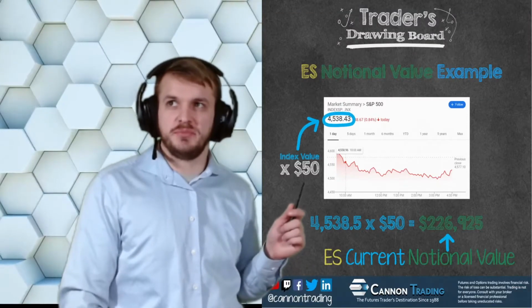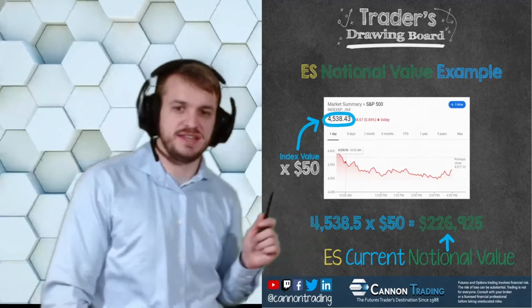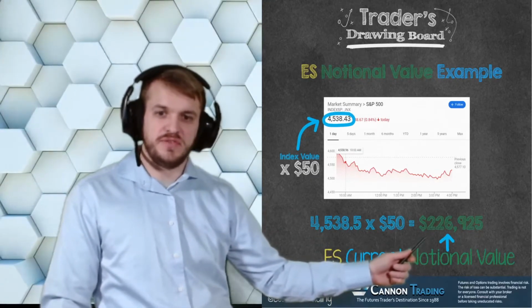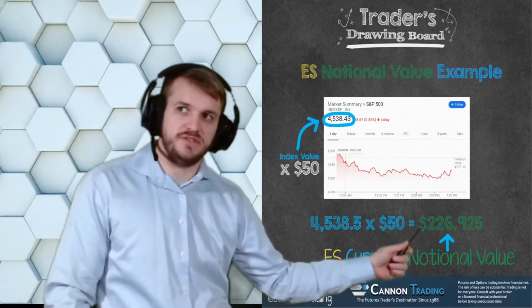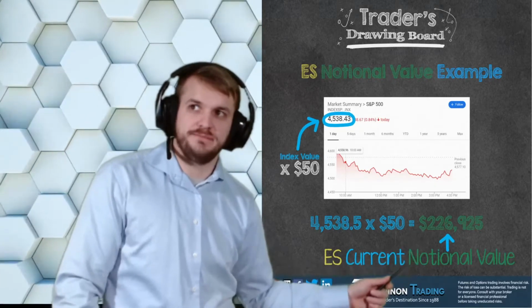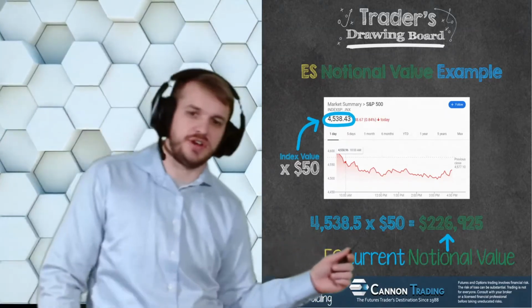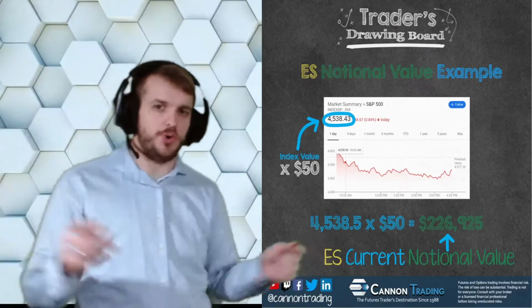Remember, we take the value of the index times 50 for the ES. So we take that times 50 to arrive at a notional value of $226,925 currently. That's the current notional value of the ES contract today as of close. That will change. It changes all the time.